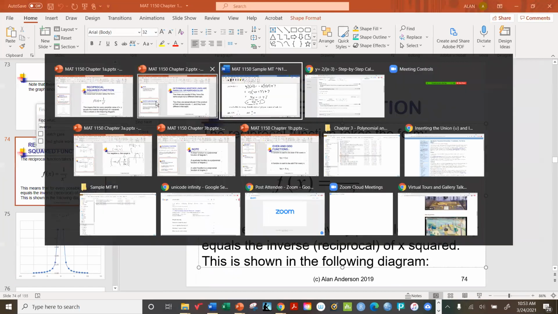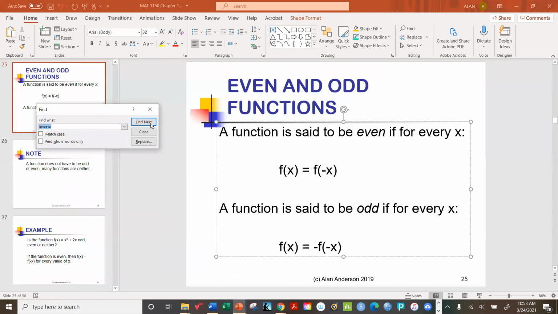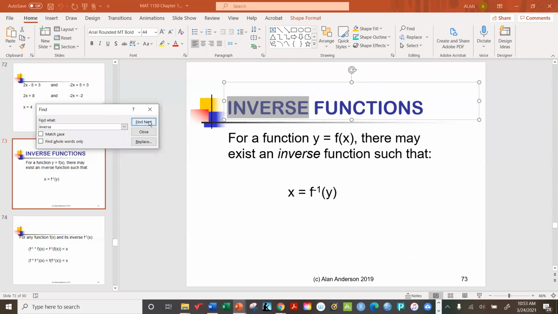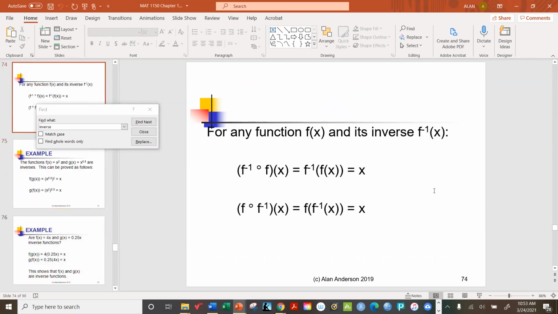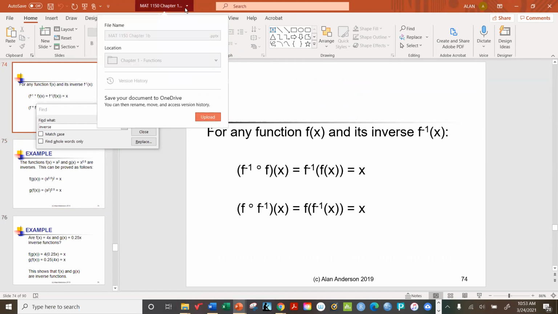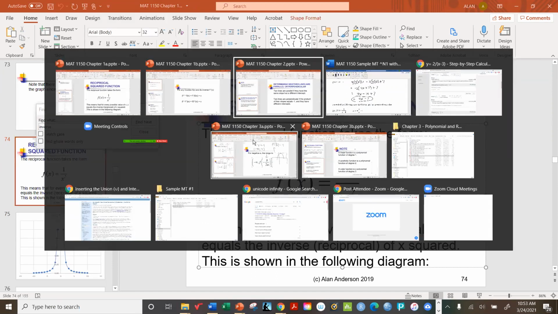How about 1b? All right, this looks promising. Yeah, this is it. This is fine. This is chapter 1b, slide 74.